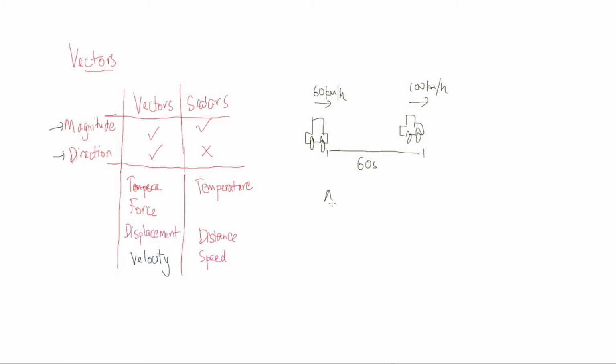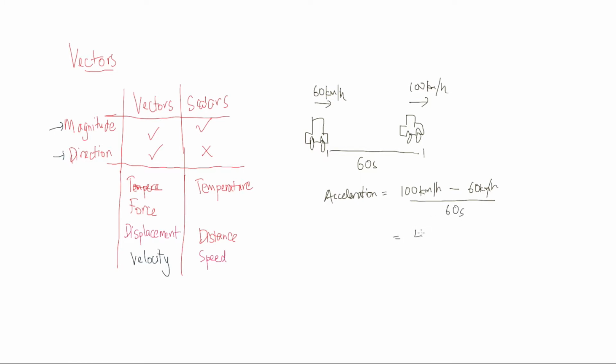Well, the so-called acceleration is what the velocity of the car is finally, or in this case the speed, 100 kilometers per hour, minus what it was before. So that's going to tell me that the car went up by 40 kilometers per hour in a span of 60 seconds.